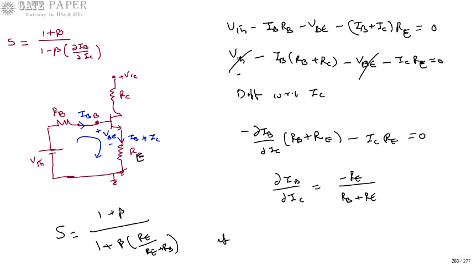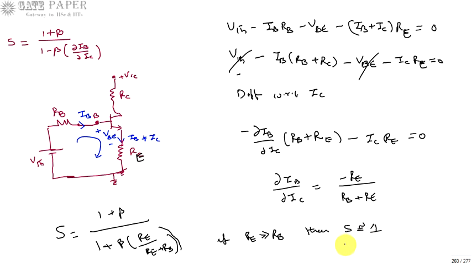If RE is very large compared to RB, then the RB term can be neglected and RE is cancelled, so the S factor is approximately equal to 1.